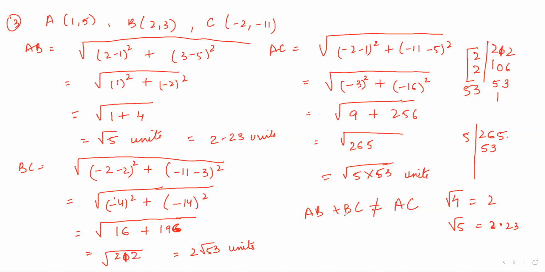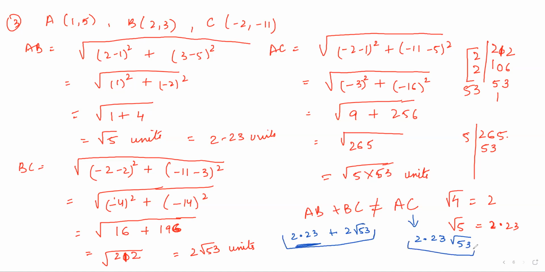Okay. So now if you do AB plus BC, you can see here, AB is something like 2.23 plus BC, which is 2 under root 53, right? And AC is 5 under root 53, right? So can you see this is higher? Actually, in 2 under root 53, you are adding some 2 point something. So this complete side will become greater than this.